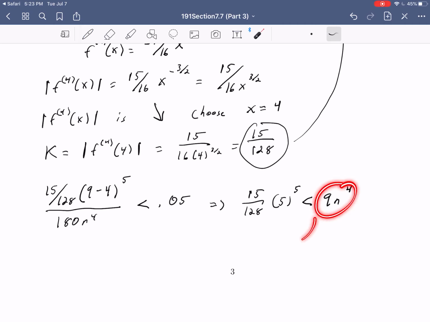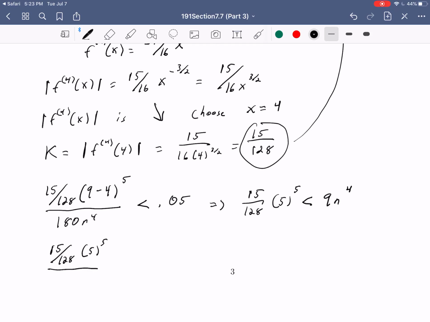Then we can divide that 9 over and take the fourth root. So it looks like we get 15 over 128 times 5 to the 5th, over 9, and then we're going to take the fourth root of that. And that is supposed to be less than n. So now it's time to just feed that into a calculator.